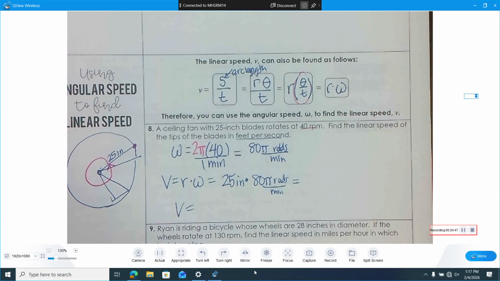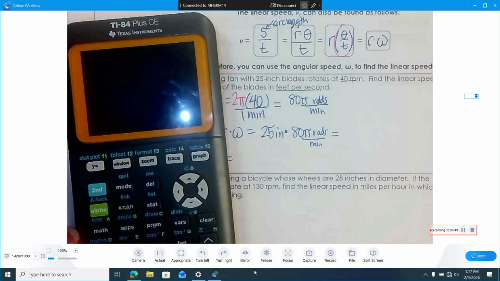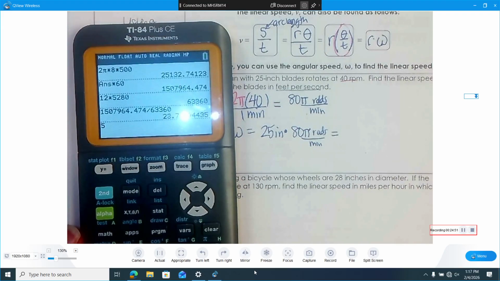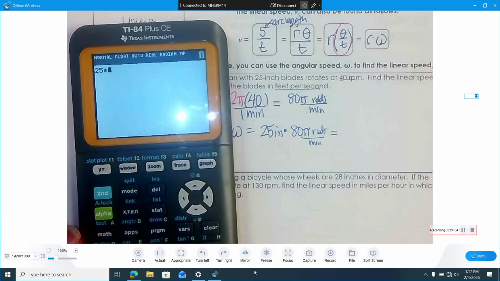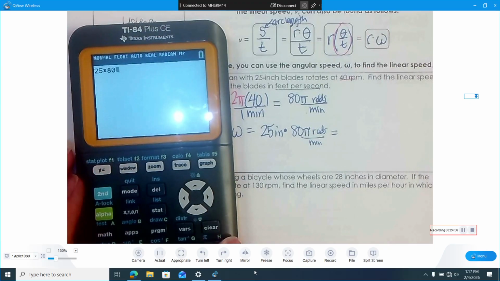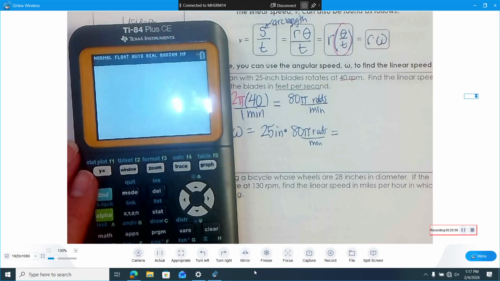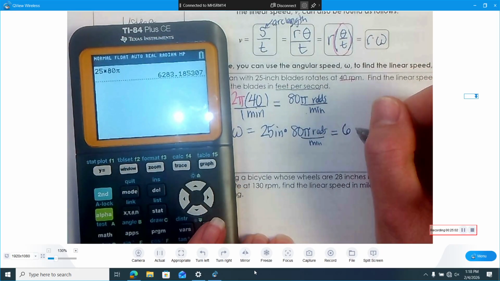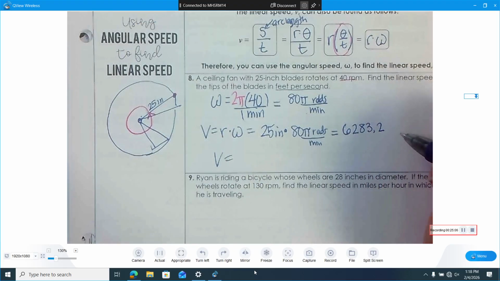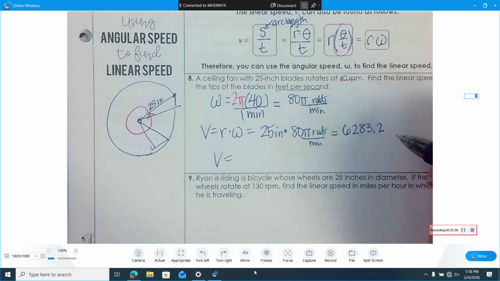If I multiply those together, 25 times 80 pi, that's about 6283.2. What are the units on this linear speed?